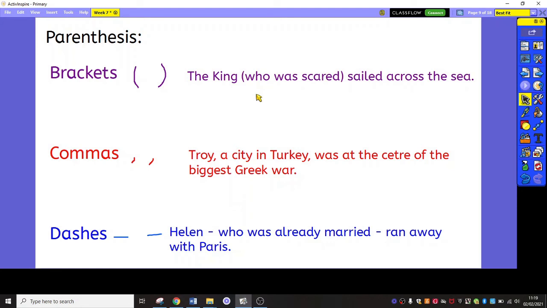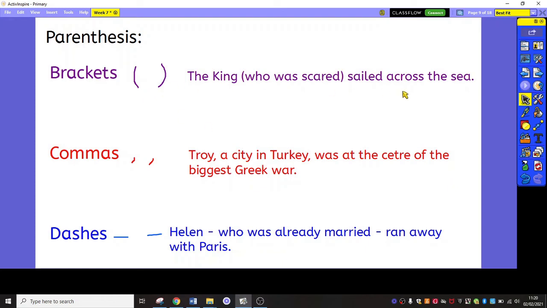I have two relative pronouns. And quite often, what you can find is that the information you contain within your parenthesis will be a relative clause. Not always, as you can see from our middle example with commas, but if you are struggling, I would always suggest you write a relative clause.